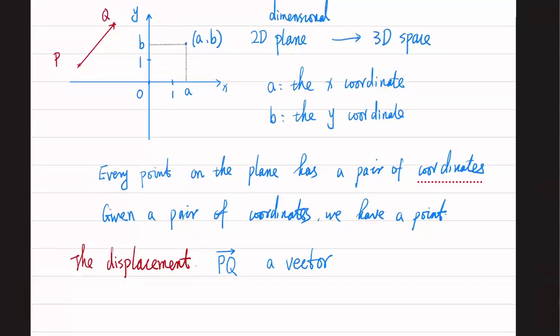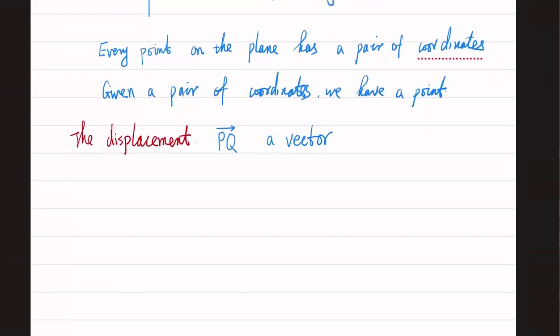Now let's compare the displacement of vectors. I have this one, and another displacement.